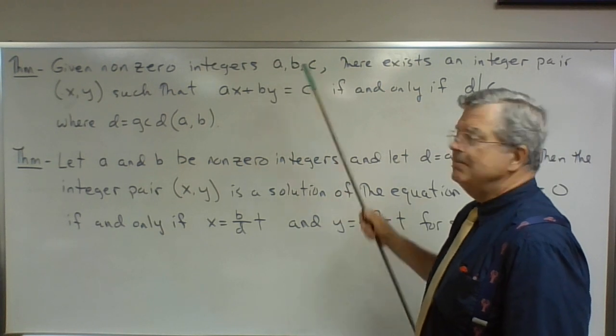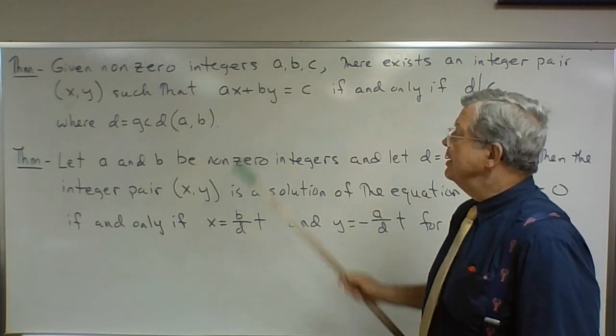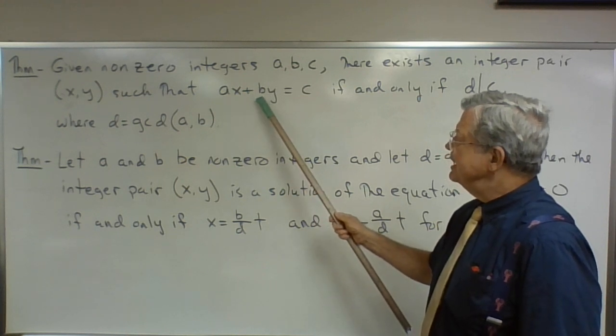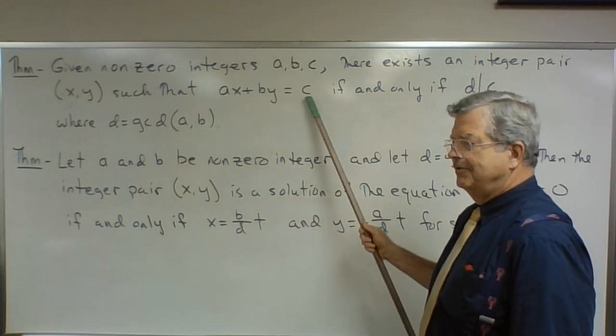A, b, and c, non-zero integers. We want to get a linear combination of a and b to equal c.